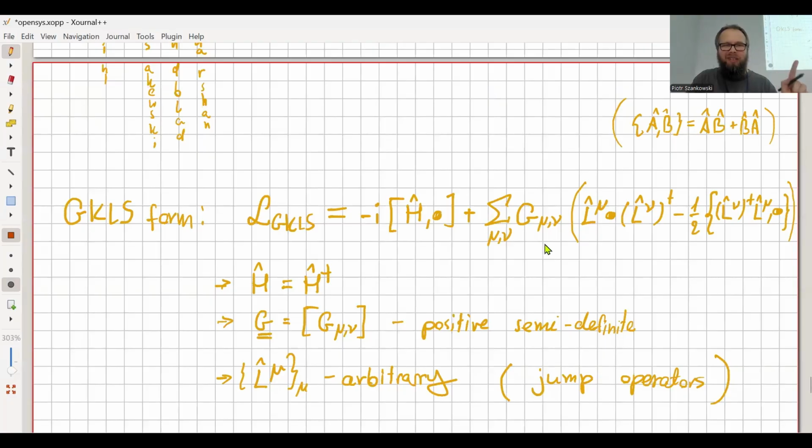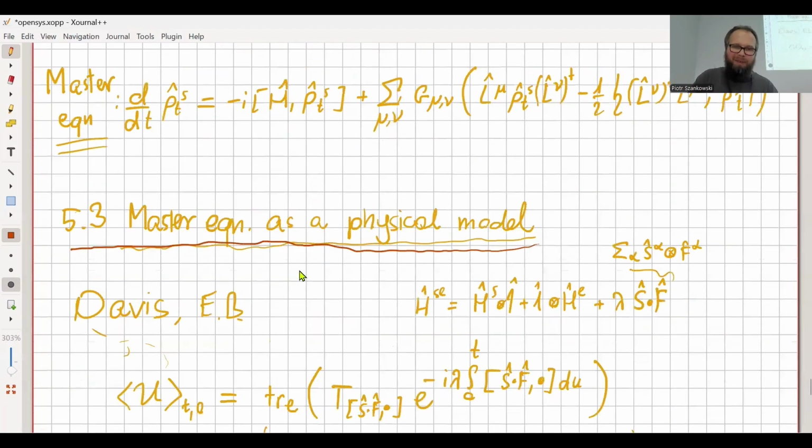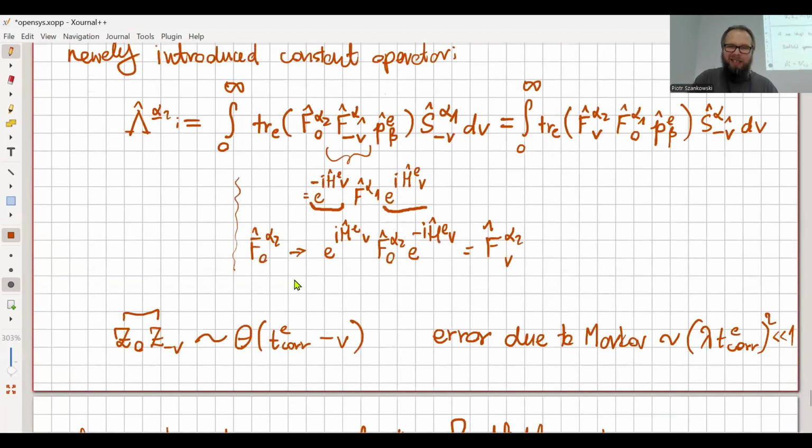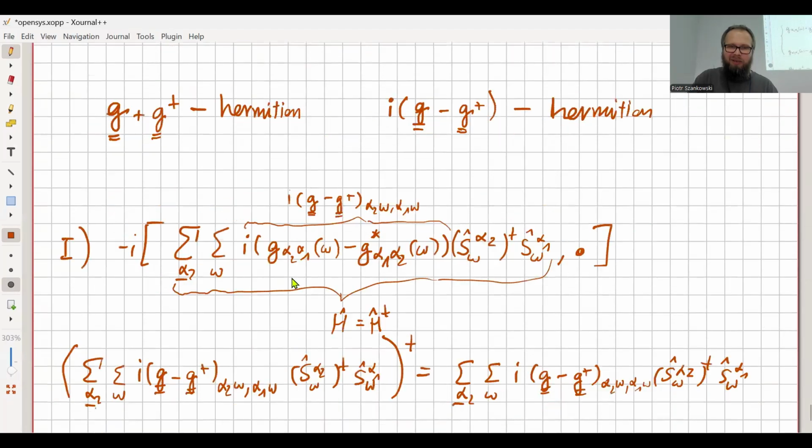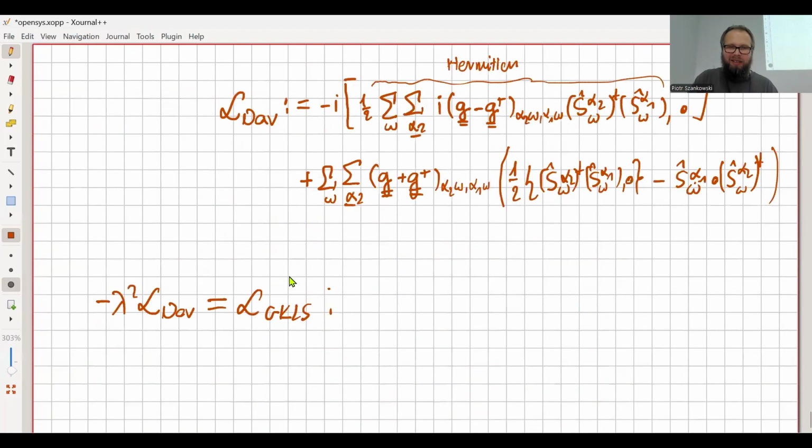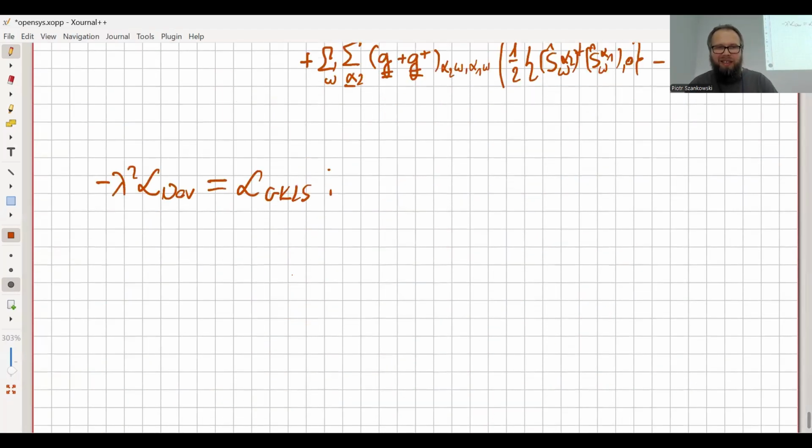So now all that's left is to make an identification. Which operators correspond to jump operators, which coefficients correspond to this positive matrix, and what is H. And we kind of know what's up. So we have this H from Davis.